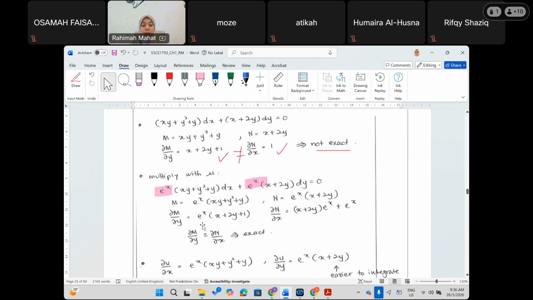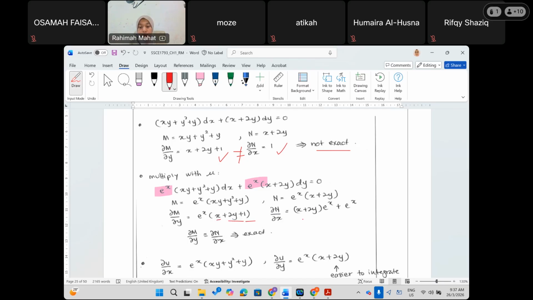Okay, and after that, you can get your new M. M is mu, e to the x, times the function there, and your N is also e to the x times the function here. And you need to differentiate M with respect to y. So you will get e to the x, and this one you differentiate, you get x plus 2y, and this one you get 1.